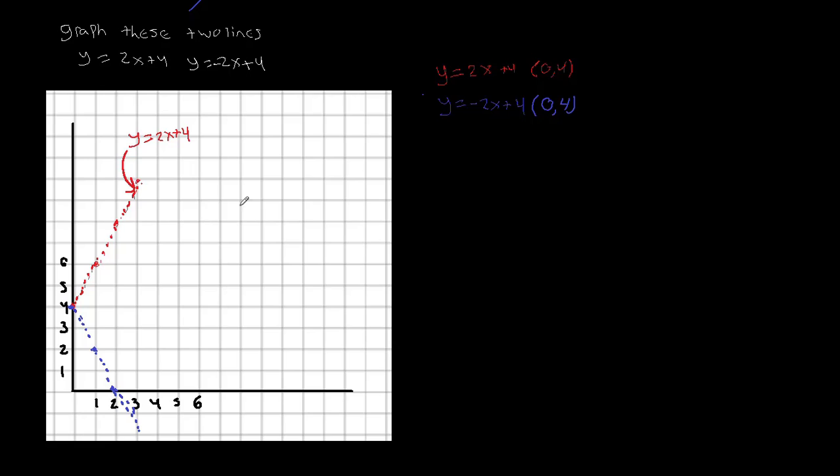This equation, y equals negative 2x plus 4. Again, hopefully you can follow along with how I was able to get this line, how I was able to derive this point from the equation.